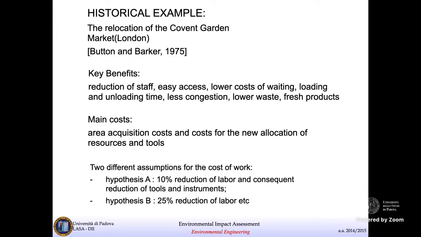The key benefits of relocating the Covent Garden market were the reduction of staff and easier access, because the idea was putting the market outside of London; lower waiting costs, lower loading and unloading time for goods, less congestion, referred to, for example, traffic, lower waste production, and the possibility of obtaining fresh products.